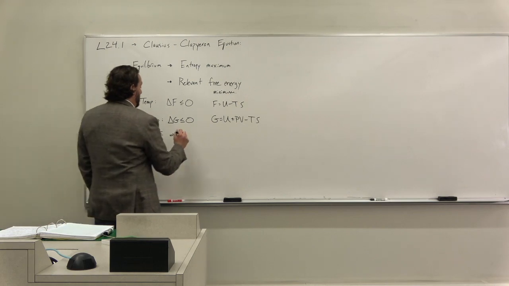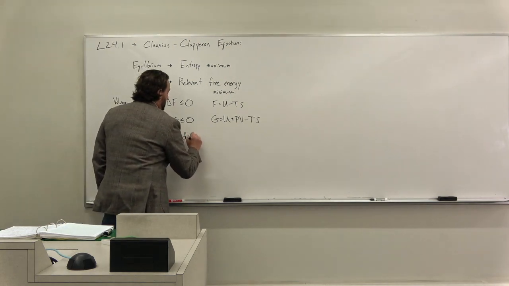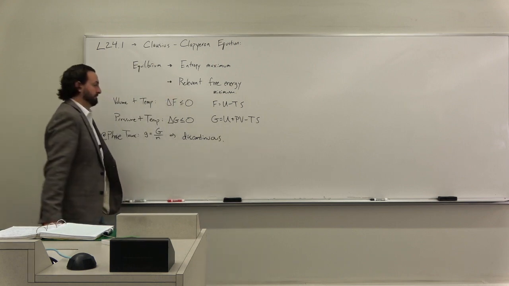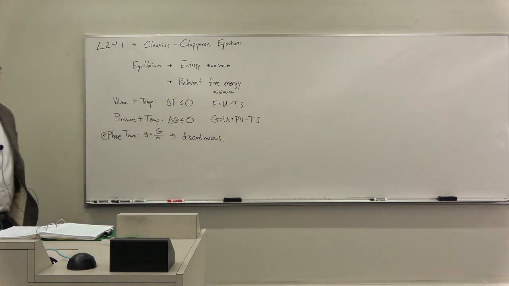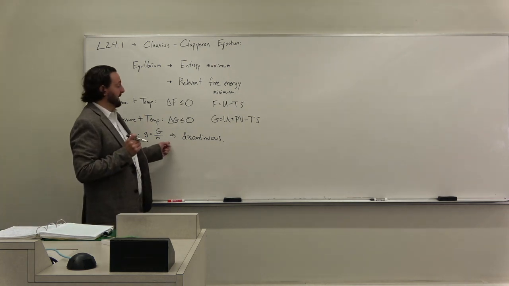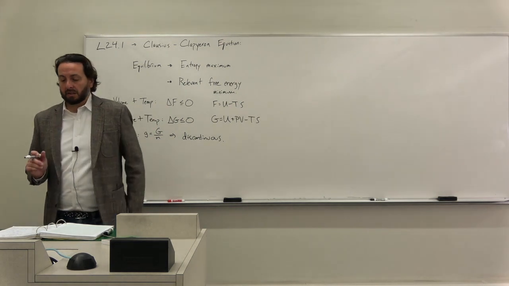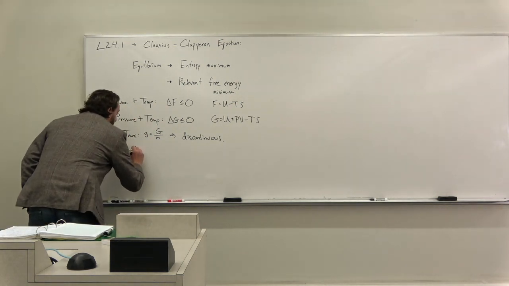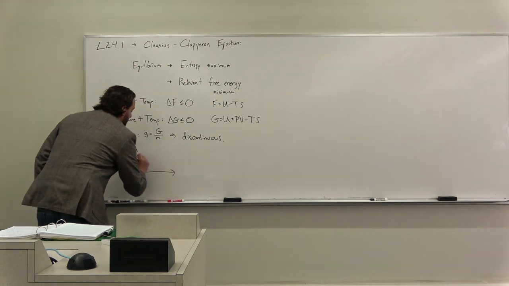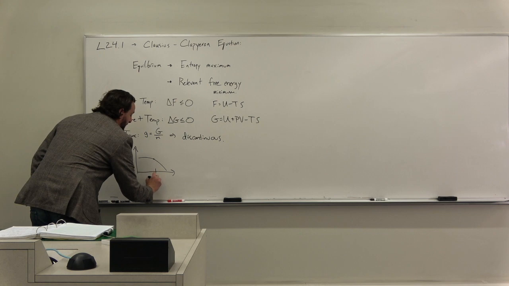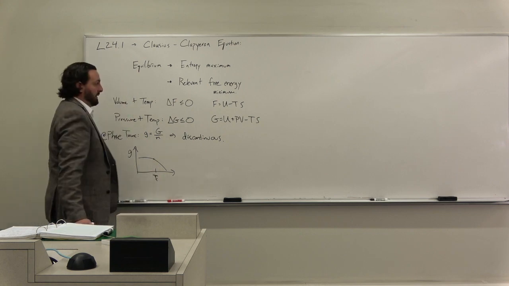Sorry, so big G was discontinuous at a phase transition. Now that's what we used to define our phase transition. We saw that at a phase transition, little g was discontinuous. And so if we had like G versus T, we had two curves, and at Tc, they were discontinuous.